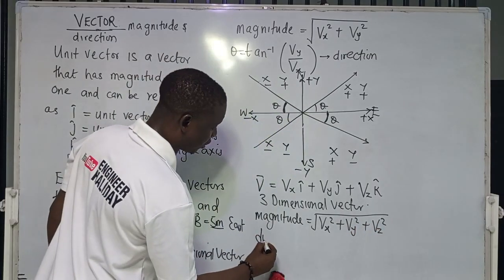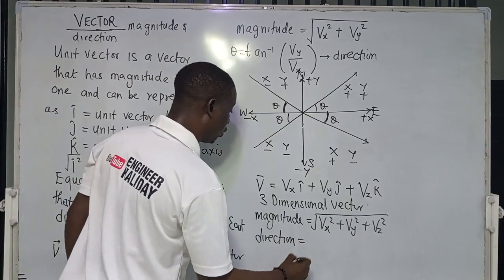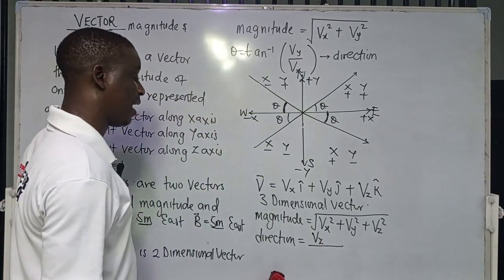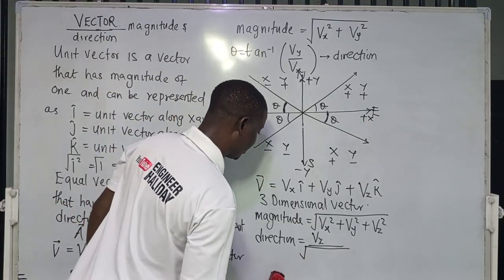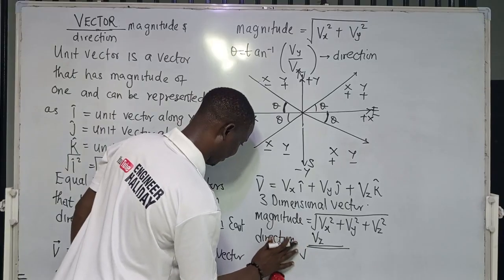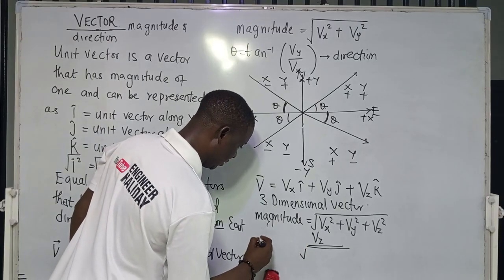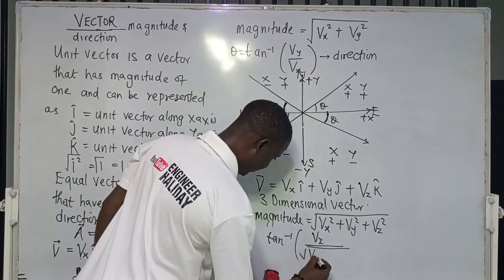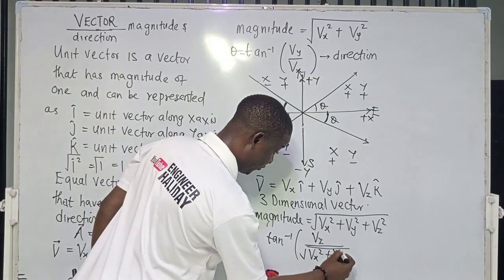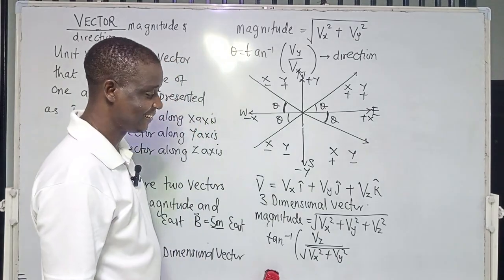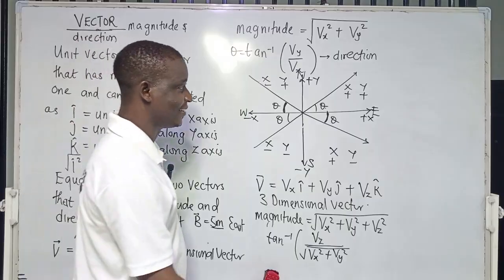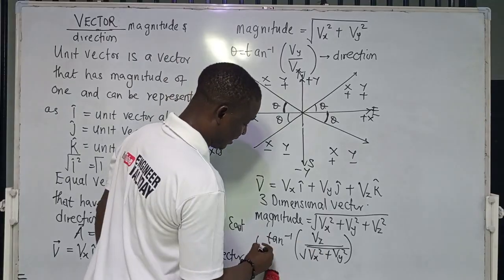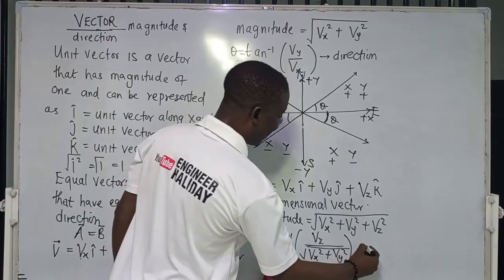And how do you find the direction? The direction will be tan inverse of Vz divided by the square root of Vx squared plus Vy squared. How do you get it? I will explain that in the next video. So this is direction theta for a three-dimensional vector.